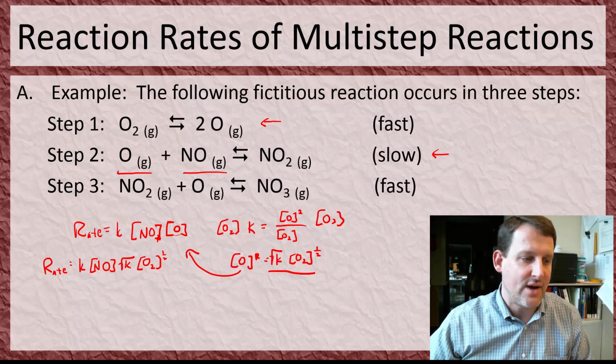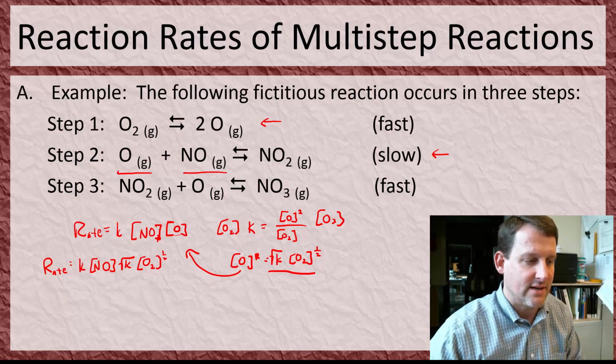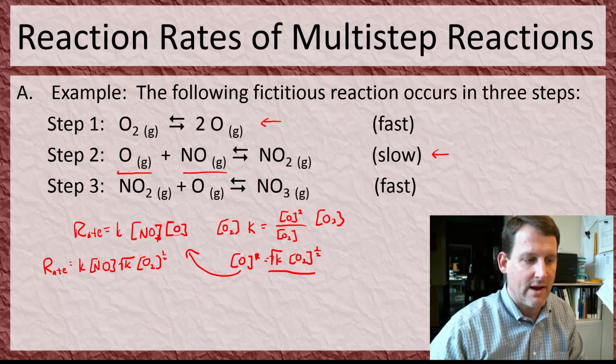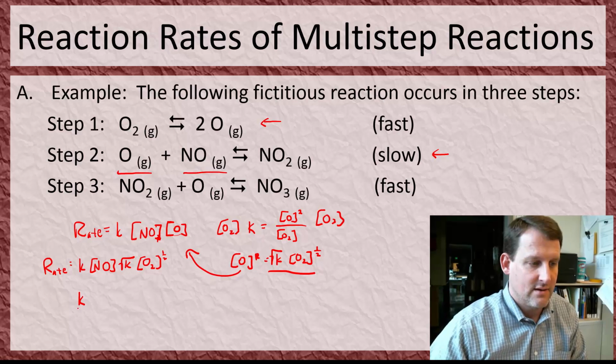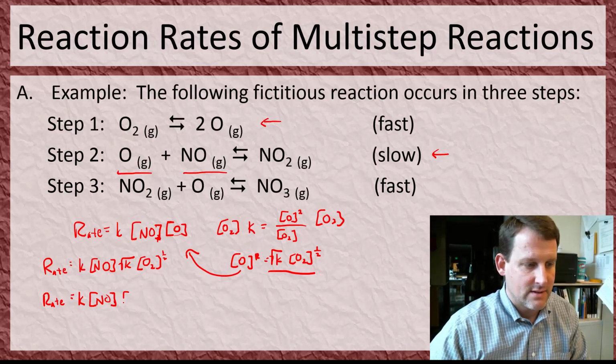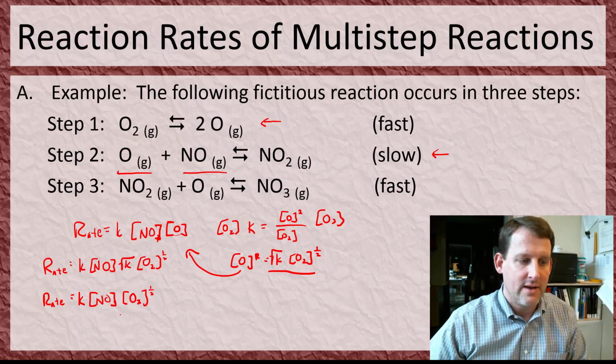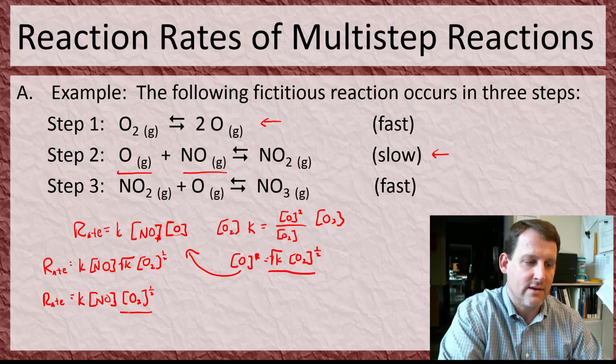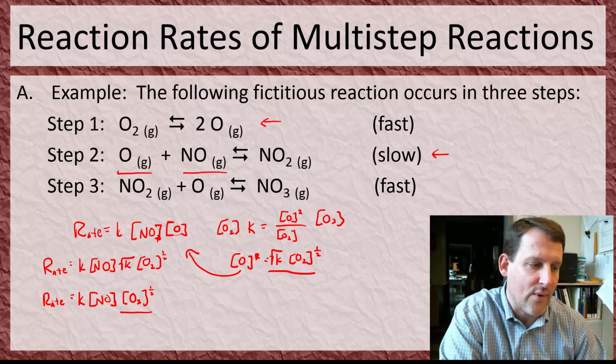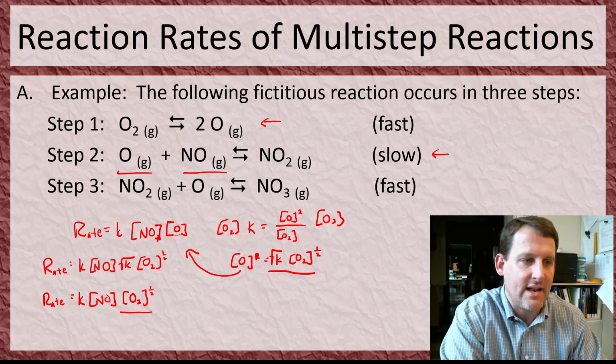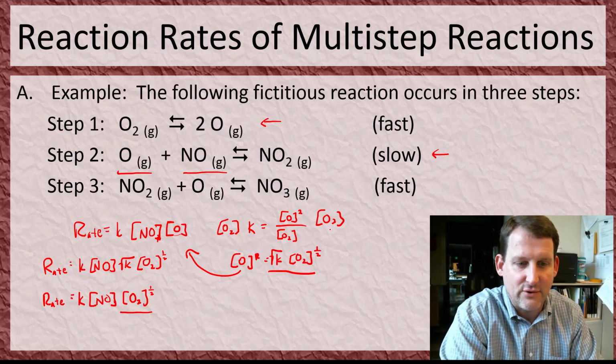Now, these two constants are just constants, so we're going to make them into a new K. We don't know what the value of that is anyway, so it's going to be some value K times the concentration of NO times the concentration of O2 to the 1/2 power. And that's where that second component comes in. So O2 is important in the rate, but only in the sense that it makes this, which is how the 1/2 power gets filtered in over time.